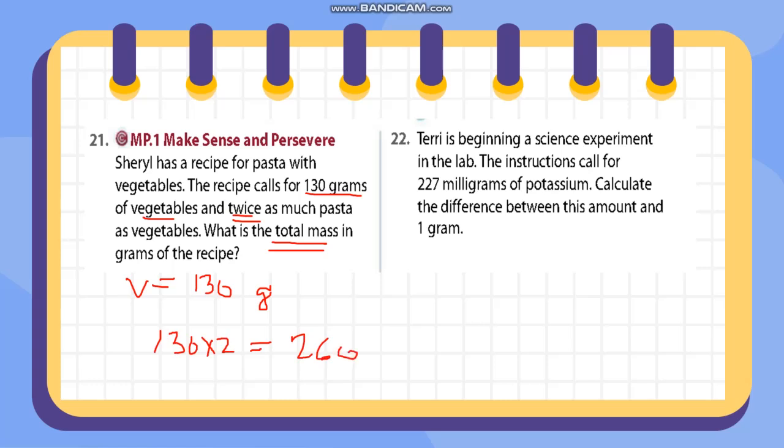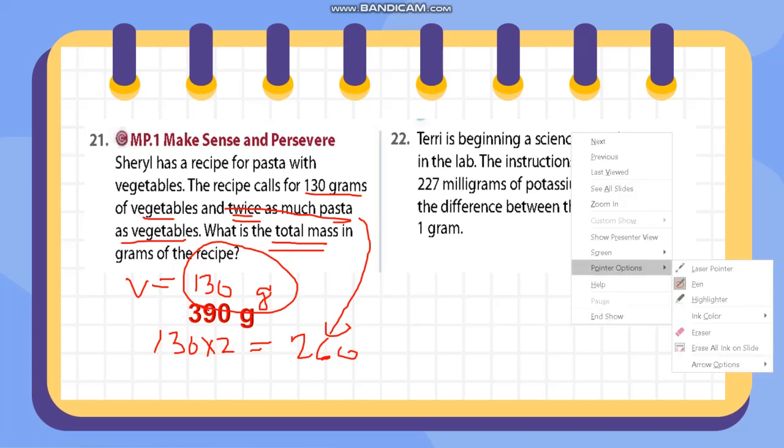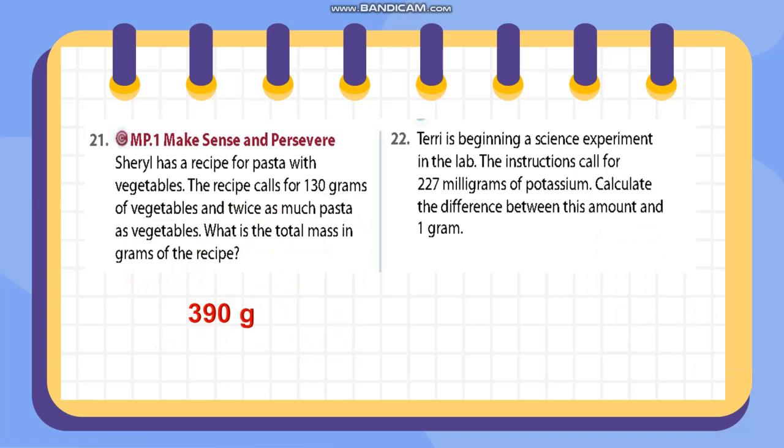So the pasta is 260 grams, and the vegetables are 130 grams. To find the total mass in grams of the recipe, the answer is 390 grams because we simply add 130 grams plus 260 grams.